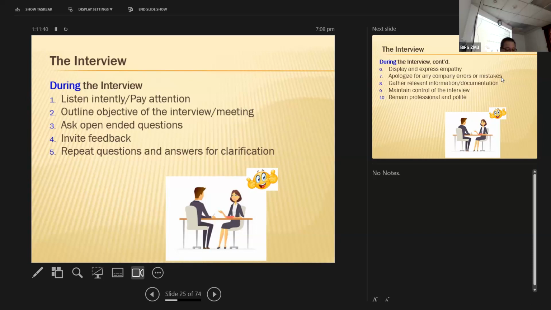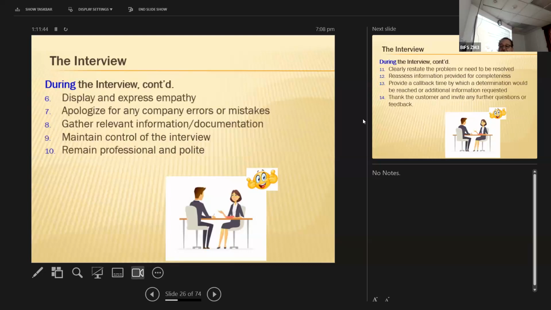Then number 6. You want to display and express empathy where required. Okay. But you don't want to give the impression that you're a pushover, or that you give away the bank.